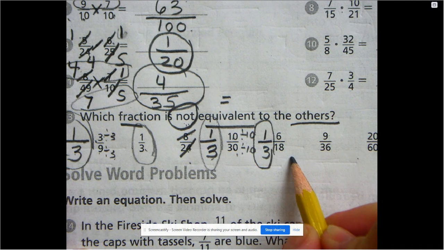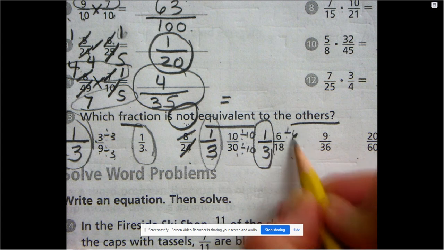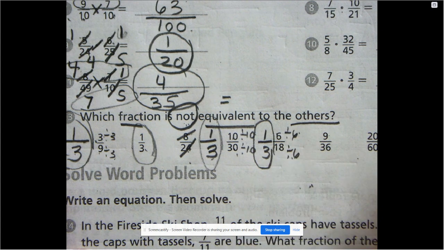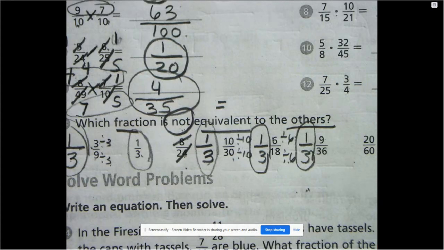What about 6 and 18? They both have a factor of 6. 6 goes into 6 one time. 6 goes into 18 3 times.